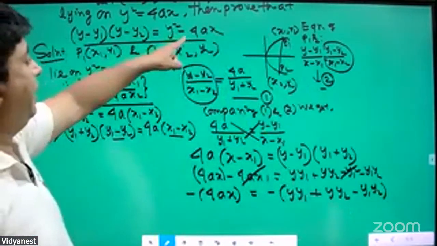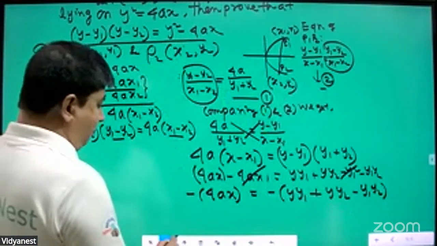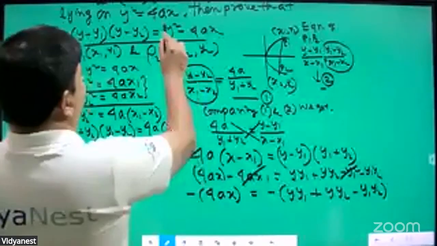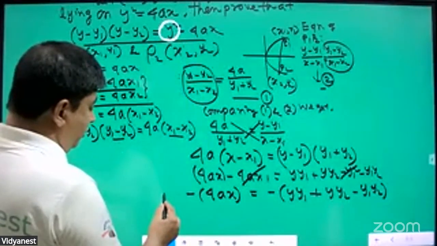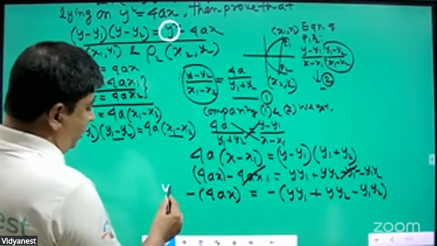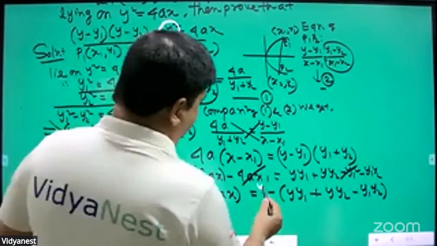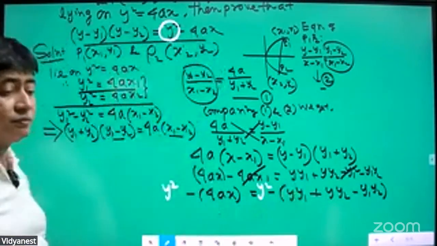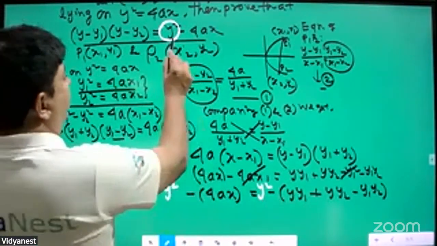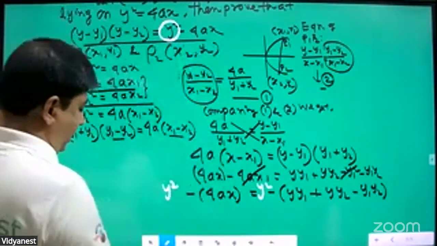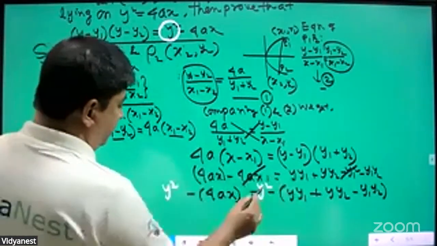Now, with minus 4x, I have to append what? Y squared. So you add y squared to left hand side as well as right hand side. So our required y squared minus 4x term has come.